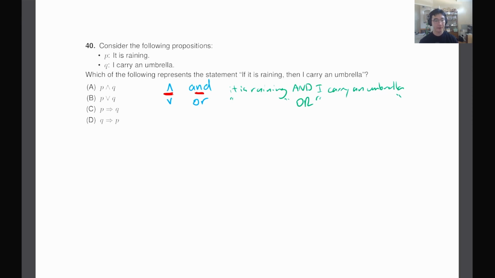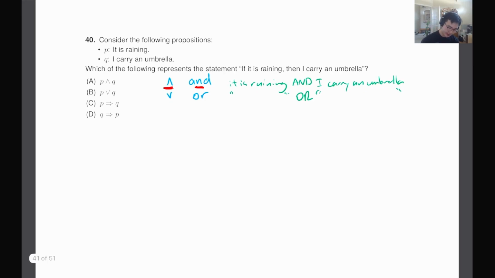P or Q. Now, this other one, P with the arrow pointing to Q, is the same thing as: if it is raining, if P is true, then I carry an umbrella. So you can think of it as if P, then Q. If P is true, then Q is true. And that seems to match best what question 40 is saying. Let's look at D though.